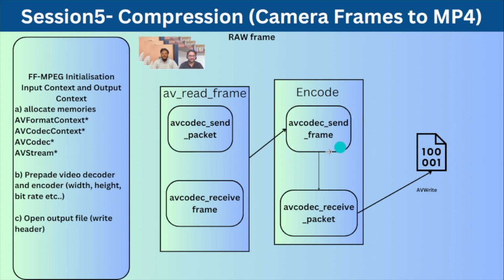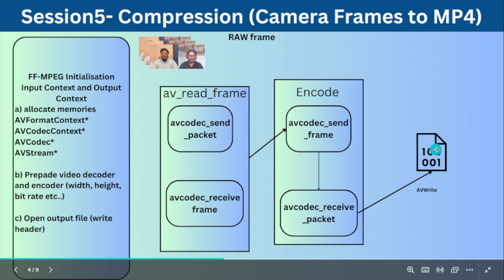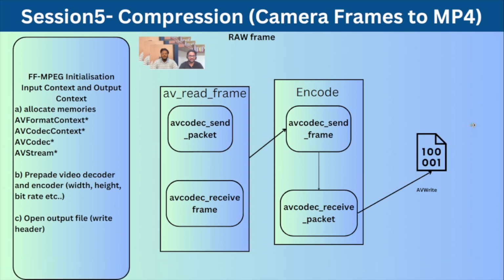In this step we compress it with whatever output context we have declared, with the codec format and all those things. According to that it will compress, and finally we receive the packet and write it to the file.